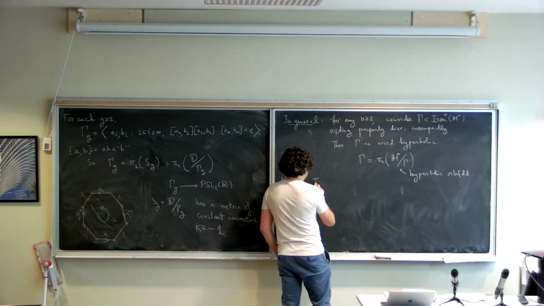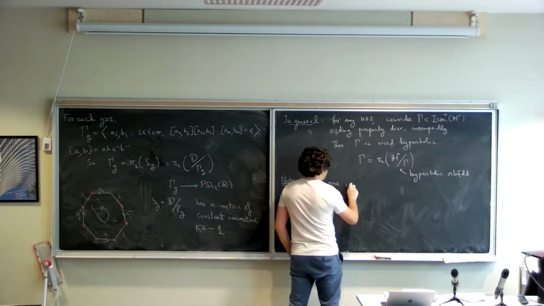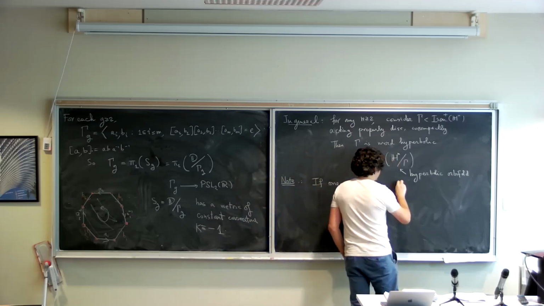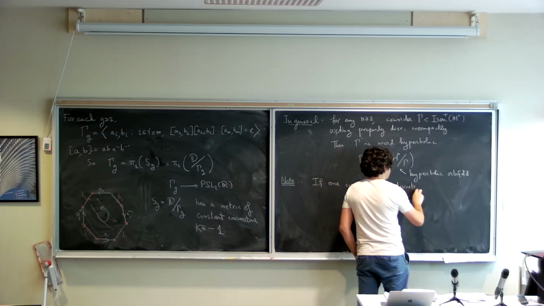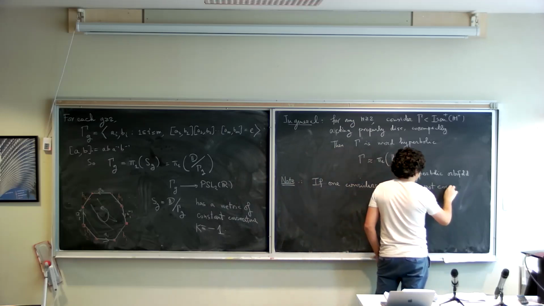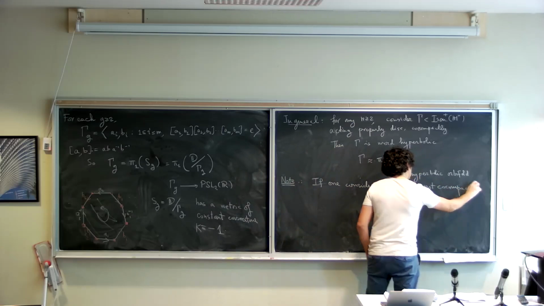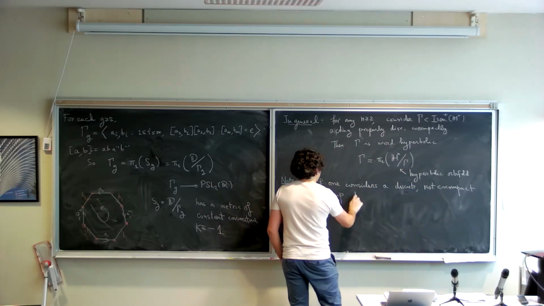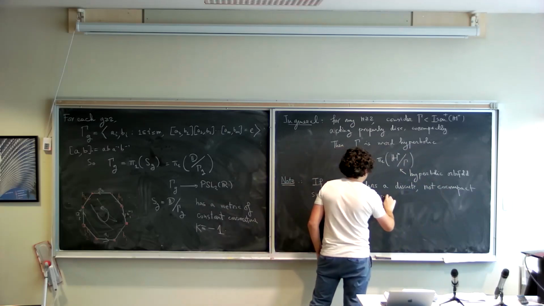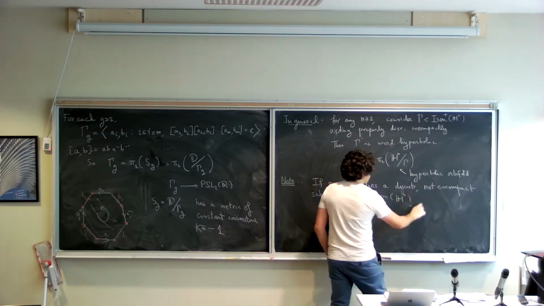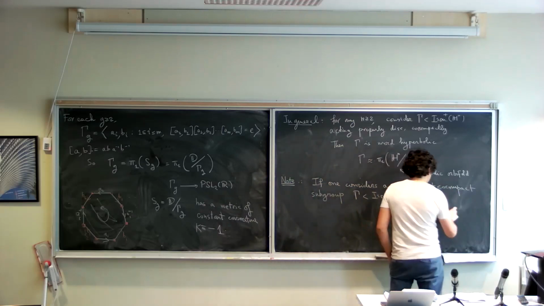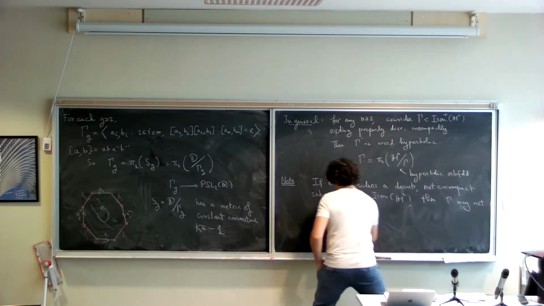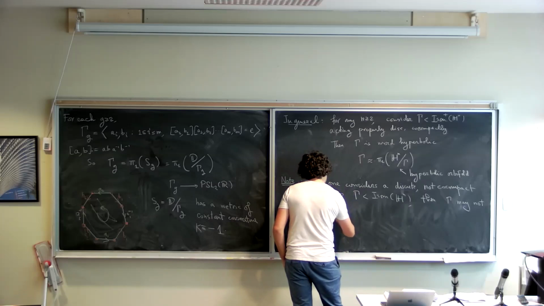If you consider a discrete but not co-compact subgroup Gamma in the isometry group, then Gamma may not be word hyperbolic.